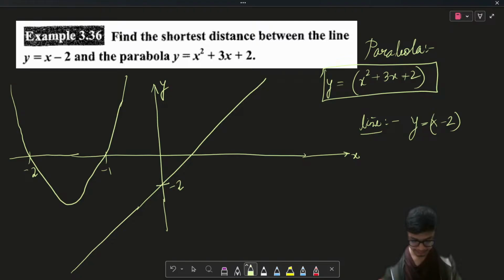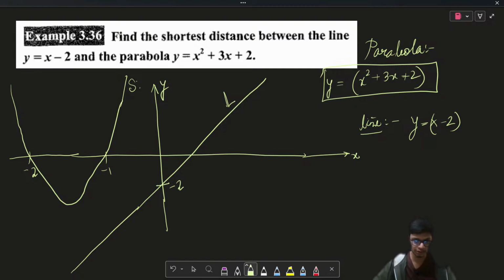Now from here, in order to find the minimum distance of this parabola from this line, let us call this line L, and the parabola S, right?